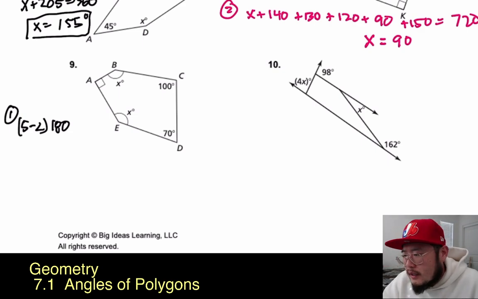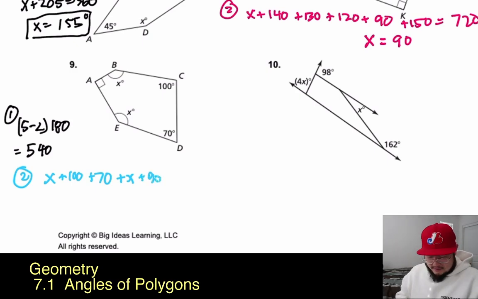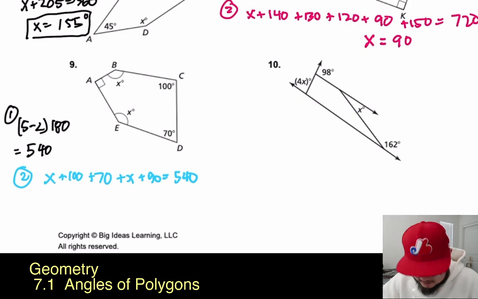And then for step 2, let's solve for x. One of my angles is x. We have plus 100, plus 70, plus another x, and then plus 90 degrees, and all of that's equal to 540. We can simplify all of this: we have 2x plus 260 is equal to 540.